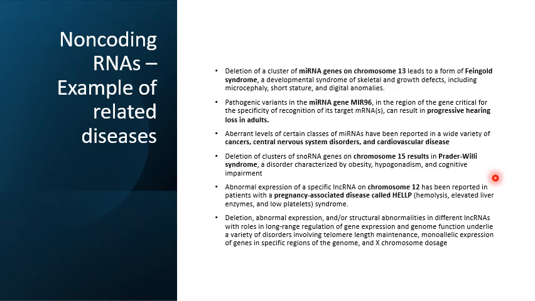And HELLP syndrome, the pregnancy-associated disease with hemolysis, elevated liver enzymes, and low platelets, is a result of abnormal expression of a long non-coding RNA on chromosome 12. So although they are not directly functional, they are important, and abnormalities in them will lead to certain types of diseases.